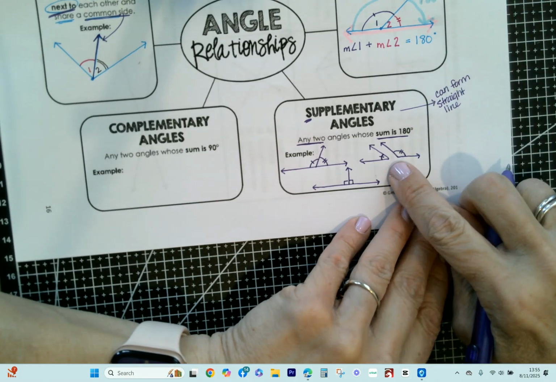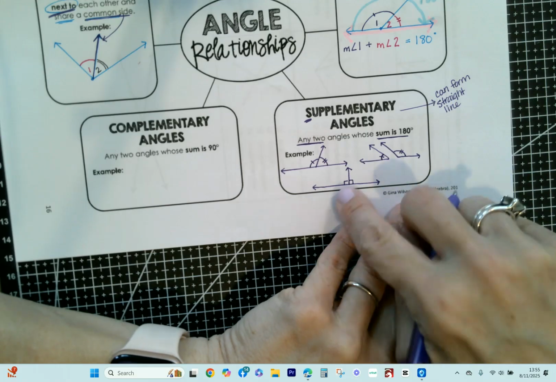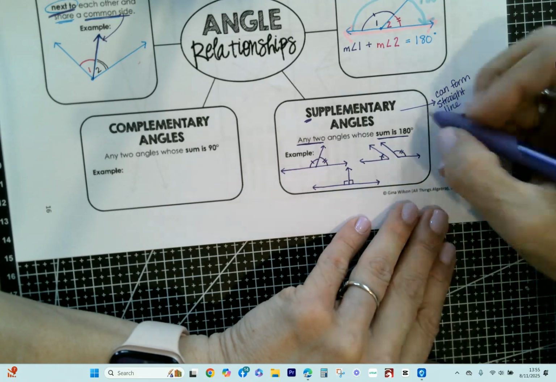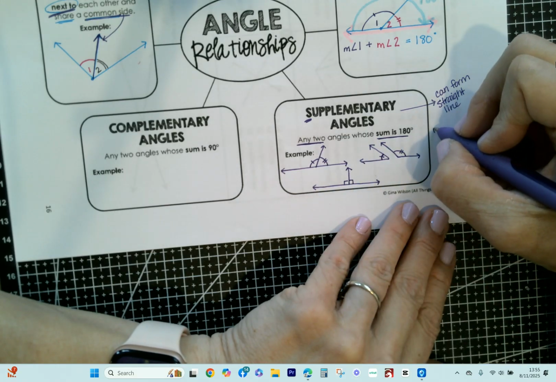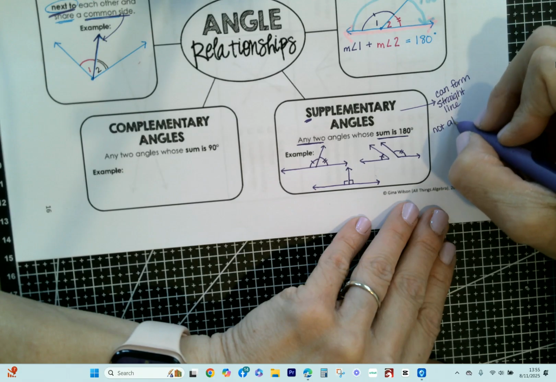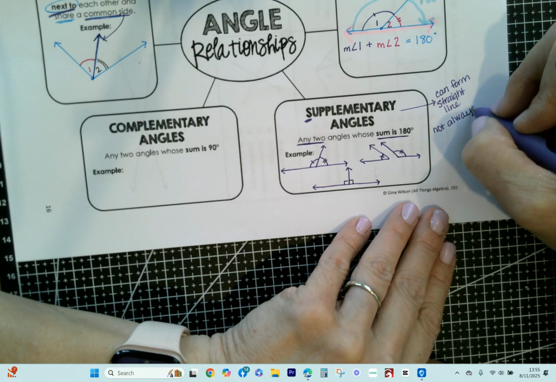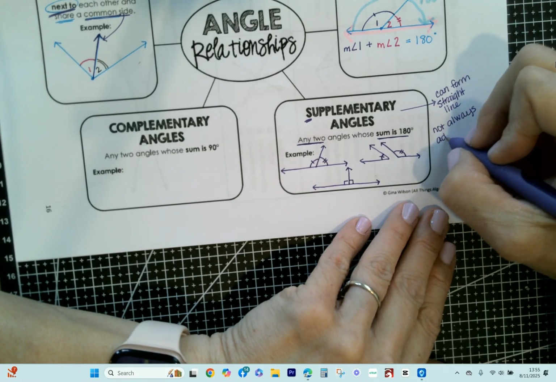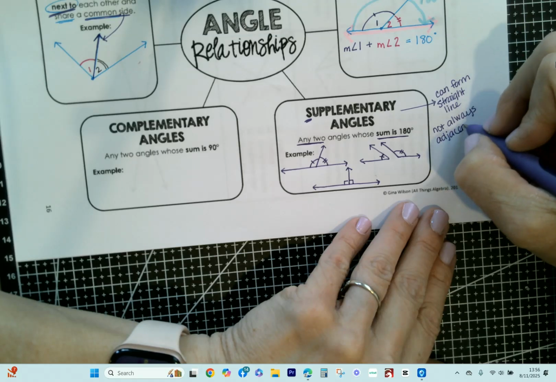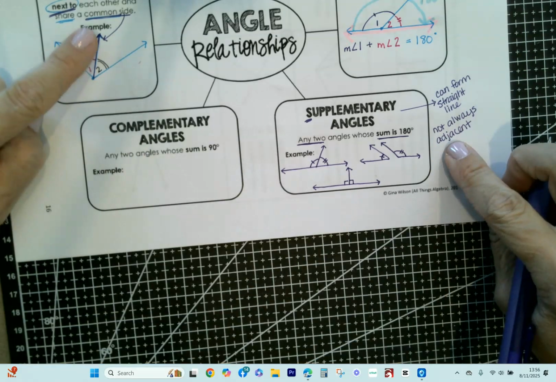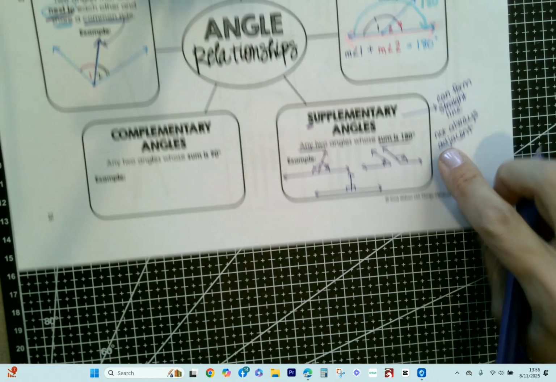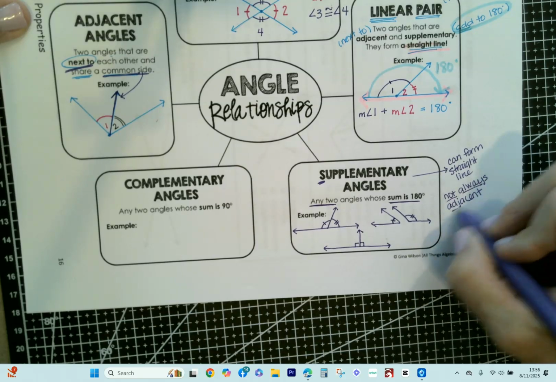They're not always attached, sometimes they are. So they're not always adjacent. Remember, adjacent means right next to, they're touching each other. So they're not always adjacent.